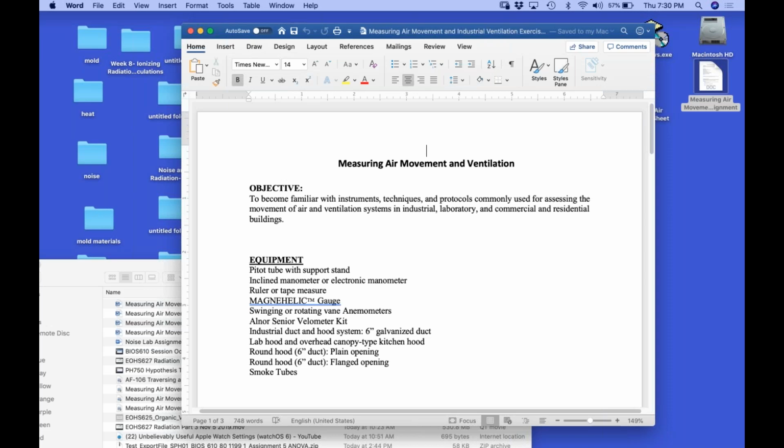So the velocity of air moving through here is approximately 1,800 feet per minute.